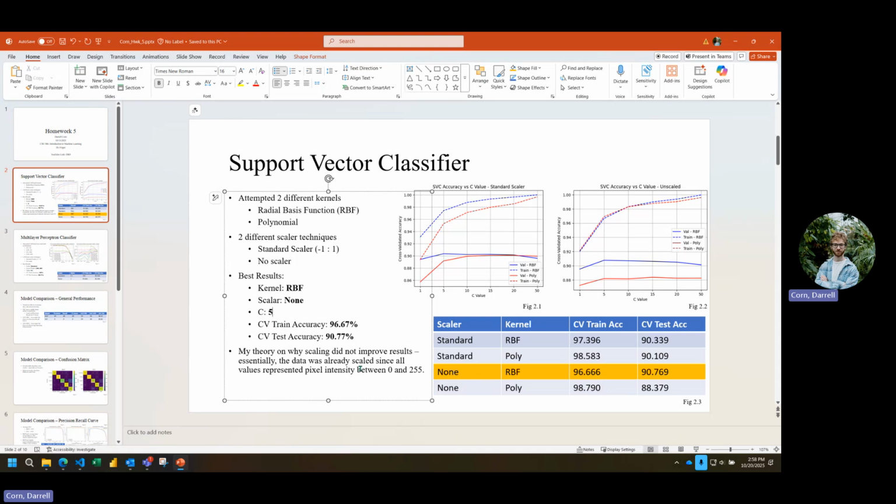My theory is that the data is essentially already scaled because each of the values represents a pixel intensity between 0 and 255. So each field really is already on the same scale, and using the scaling function just didn't help at all. And my best C value was 5.